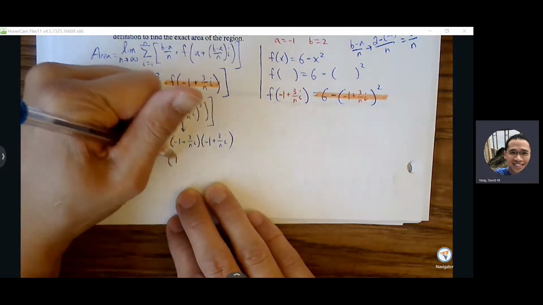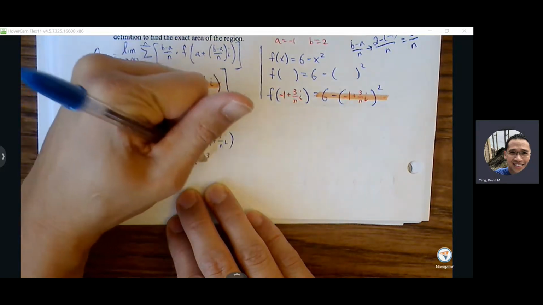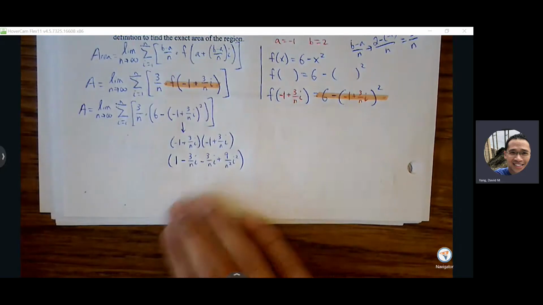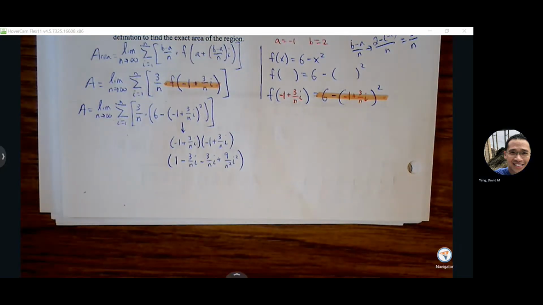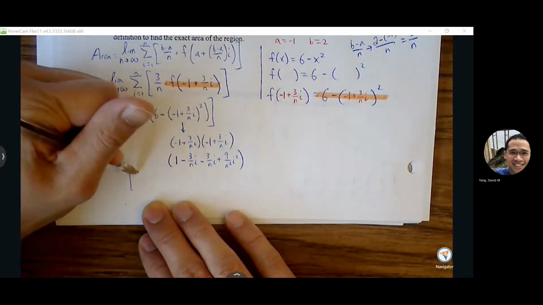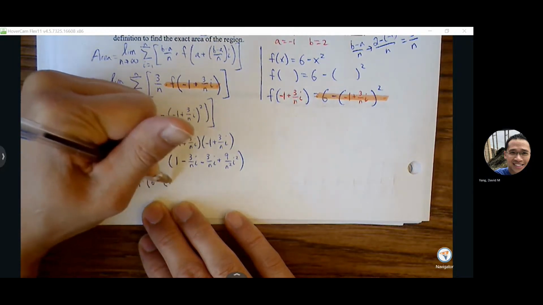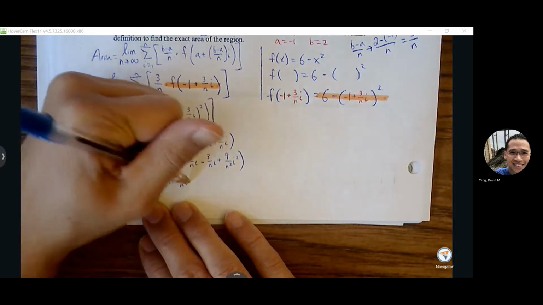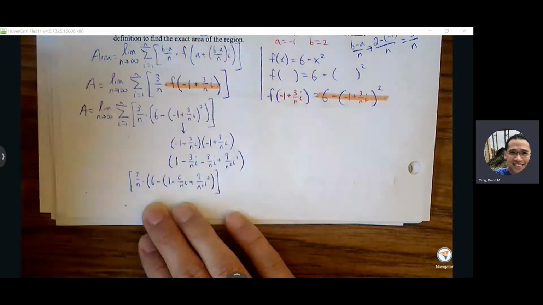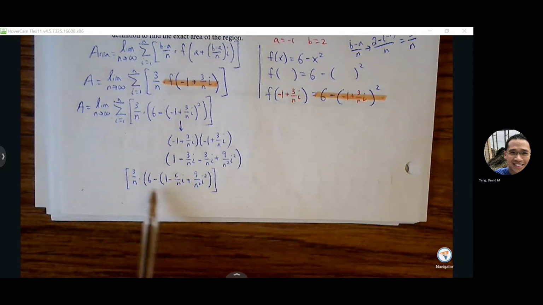So this will give me 1 minus 3 over n times i, minus 3 over n times i, plus 9 over n squared times i squared. Okay, distribute the negative through.